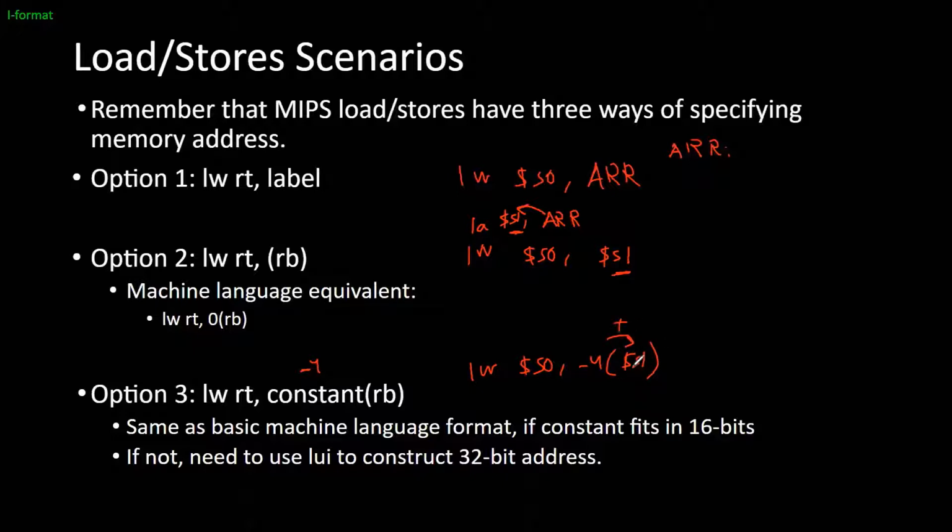Then your final address is the sum of these two, and that is where we're going to read from the memory. If this constant is bigger, you can use the same load upper immediate. We've seen that in previous slides, how to construct that 32-bit address. So then you can use this as an offset. That is our three options.